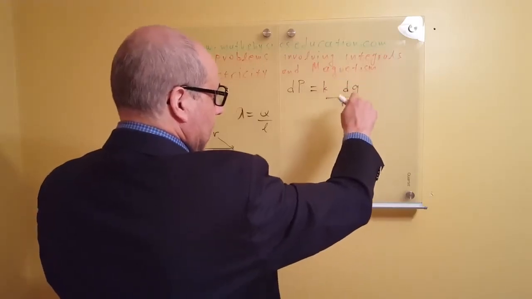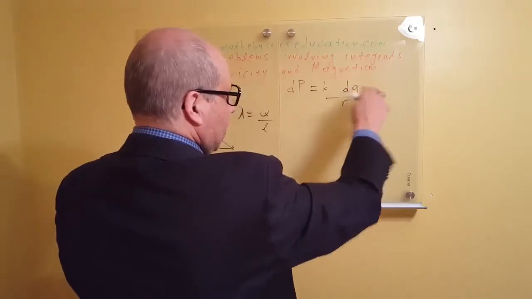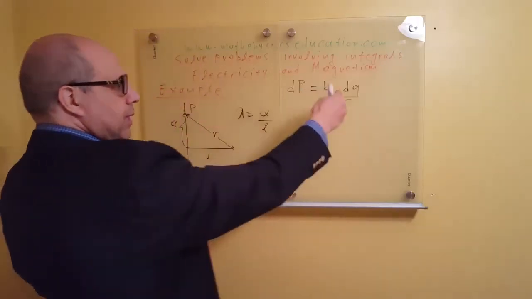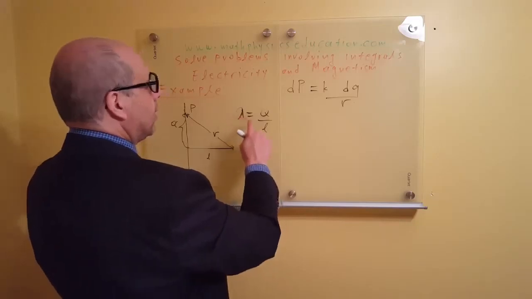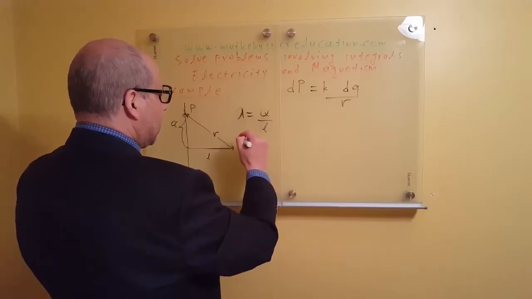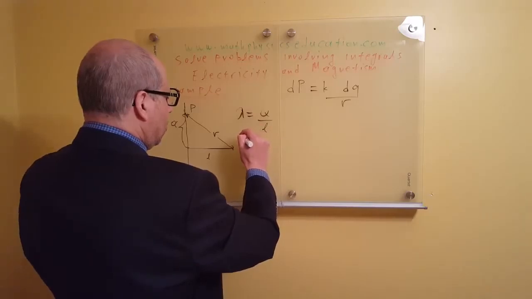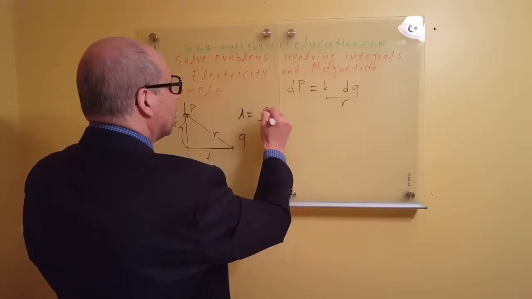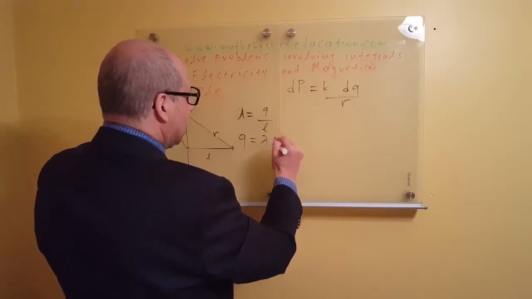So when you substitute this here, you will have K, and instead of dQ you put lambda dL, over R. Now you see that this is what we have to integrate with respect to.